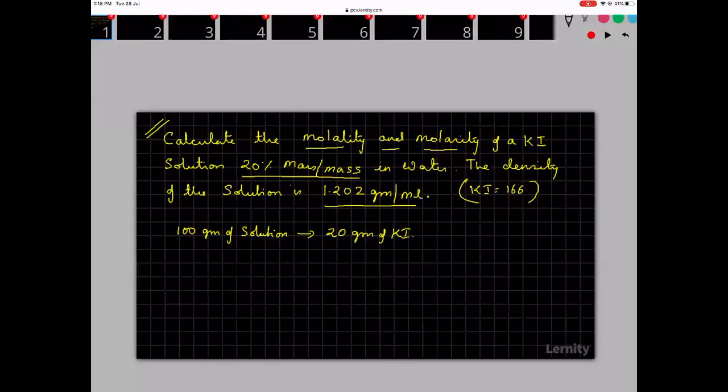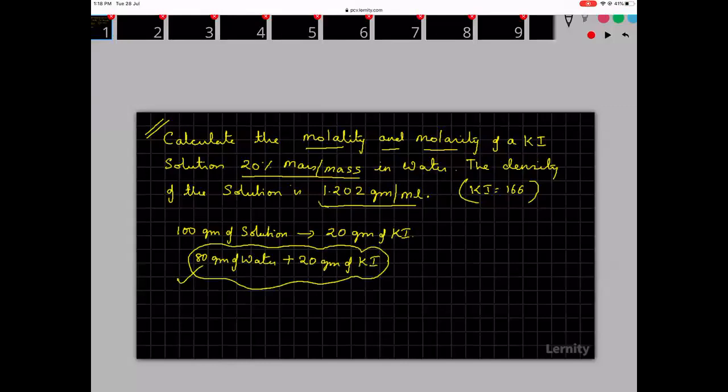Then there is 80 grams of water and 20 grams of KI in 100 grams of the solution. So this much detail I have.